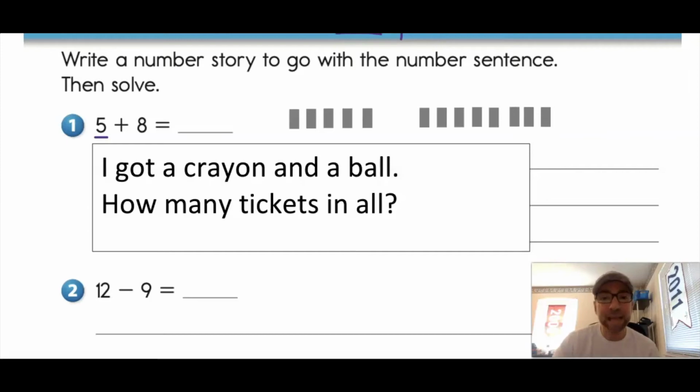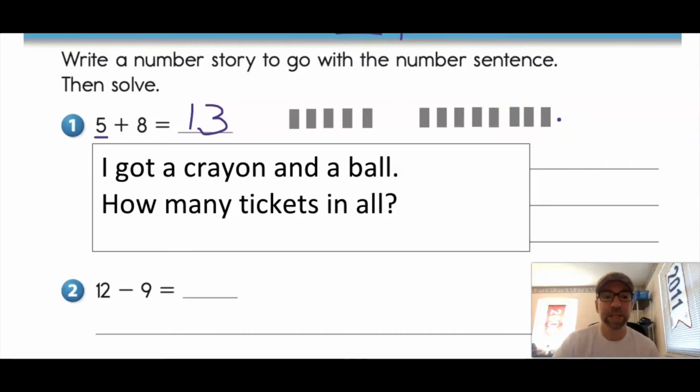Go ahead and hit that pause button while you finish writing down the number story and then solving the number sentence. All right, first grade, did you get 13? Let's check. 1, 2, 3, 4, 5, 6, 7, 8, 9, 10, 11, 12, 13.